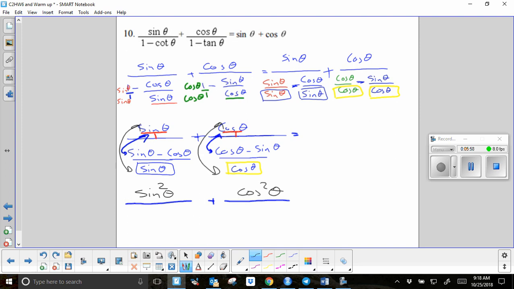Cosine squared. And then near, near, at the bottom. Do I need to put times 1? This is being multiplied to this. Same thing right here. Cosine minus sine times 1. But I'm not writing times 1.